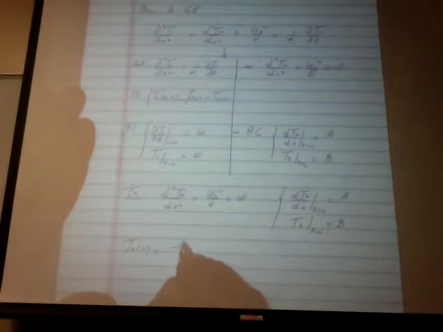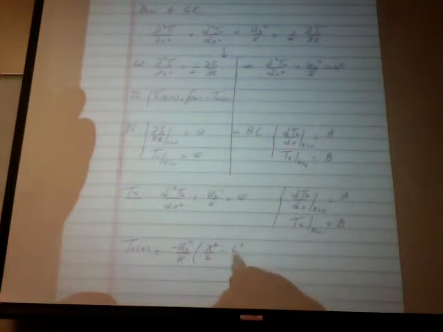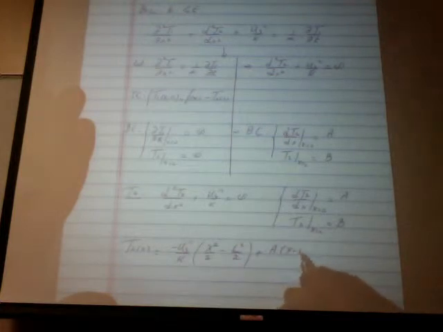So when we integrate this twice, the solution T2 of x is equal to minus UG triple prime over K times x squared over 2 minus L squared over 2, plus A times x minus L, plus B. Remember, A and B are given.